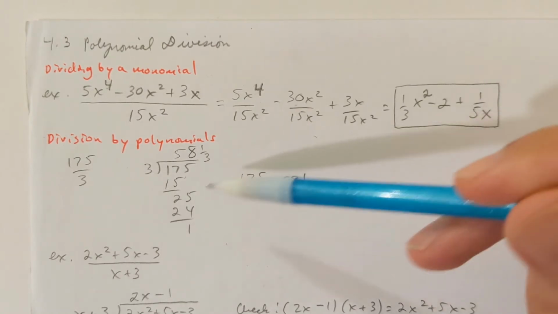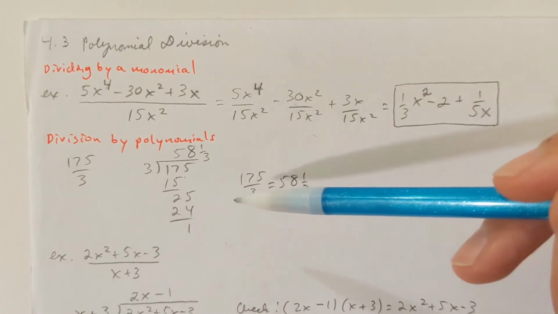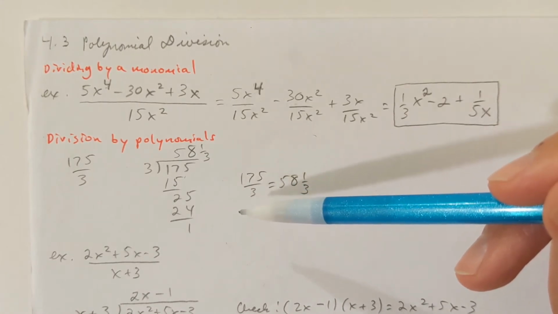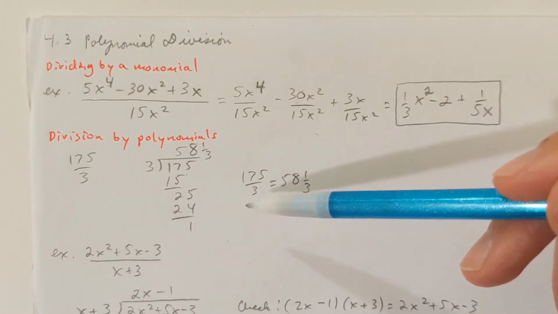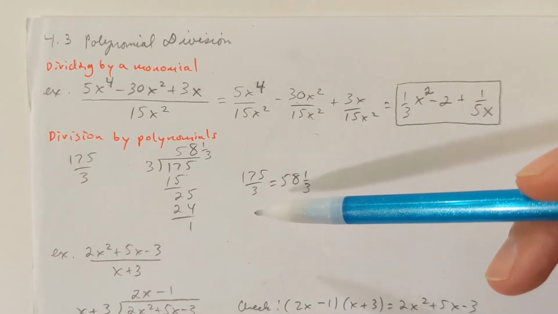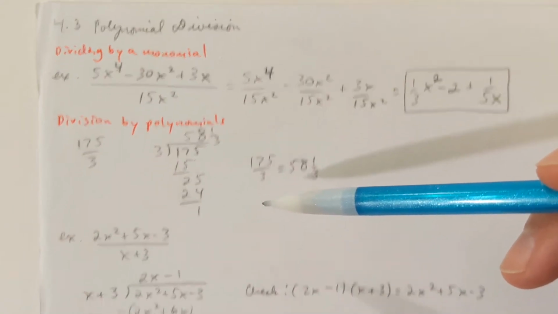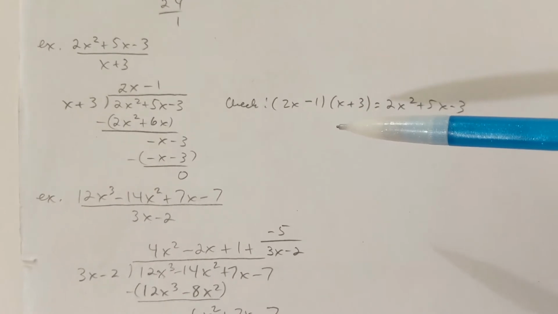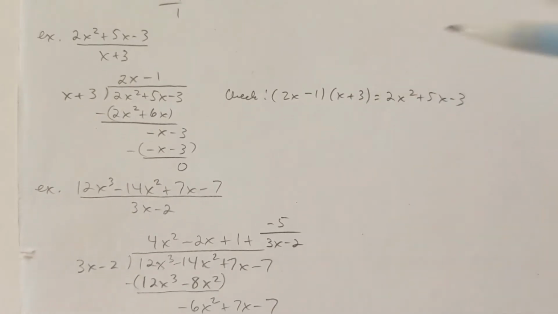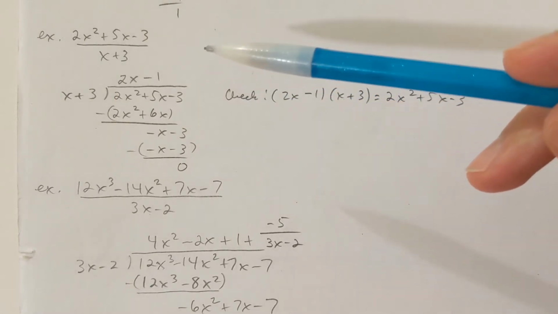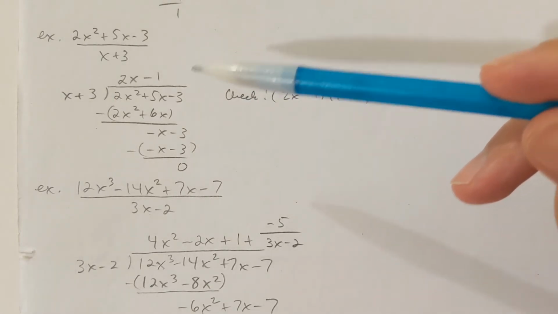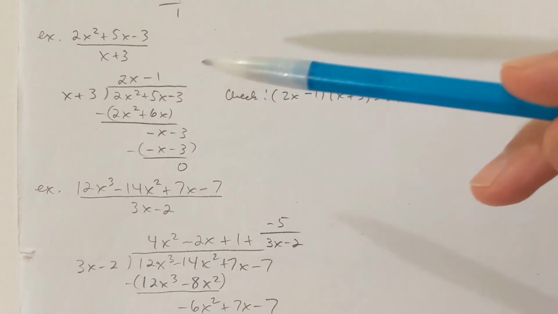Okay. Now a very similar approach is what I want to do with dividing by a polynomial. So let's take a look at 2x squared plus 5x minus 3 divided by x plus 3. Whatever expression is in the denominator is always going to go outside the division bar.